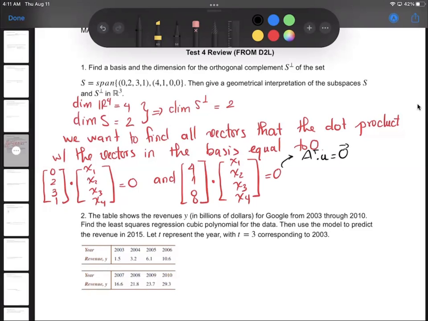That means, let's see, maybe I'll use black. I have A, so transposing those two columns is going to become 2 rows. So (0, 2, 3, 1) and (4, 1, 0, 0), and then we have x1, x2, x3, x4.